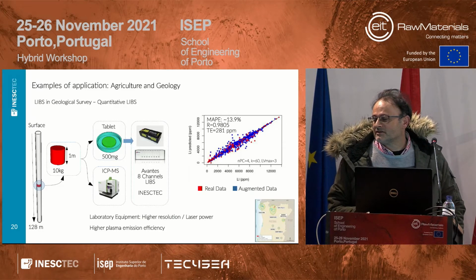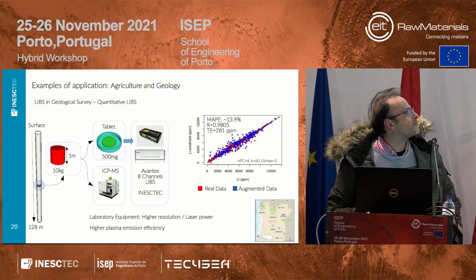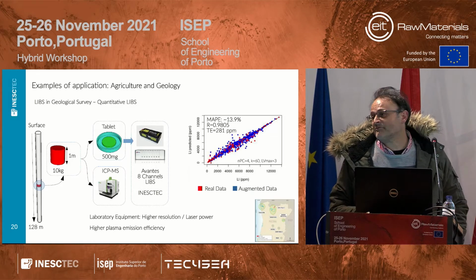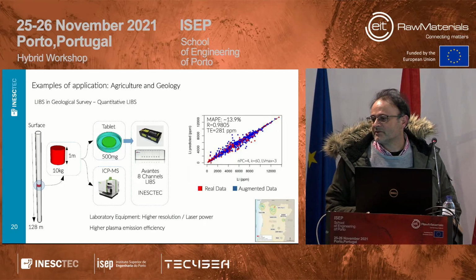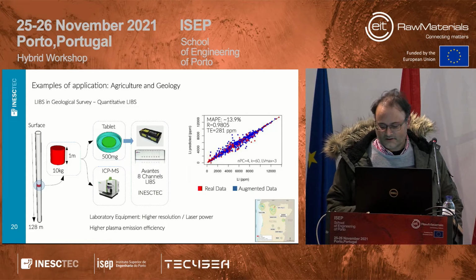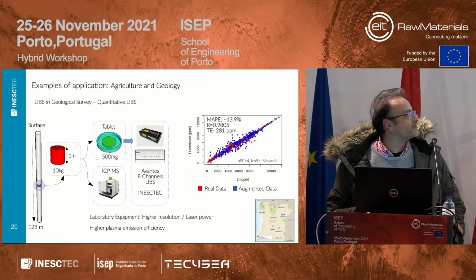But this means the information is the same as SciAps, and laboratory or more powerful lasers or more powerful equipments will have better results, just because the information has less noise, and the information of the LIBS spectra is more sensitive.